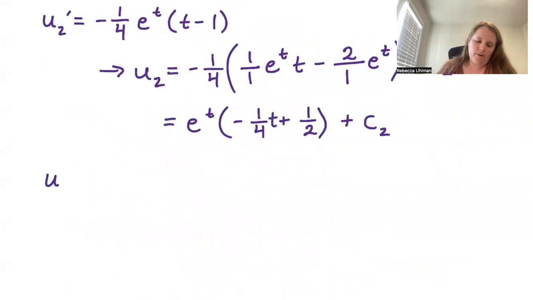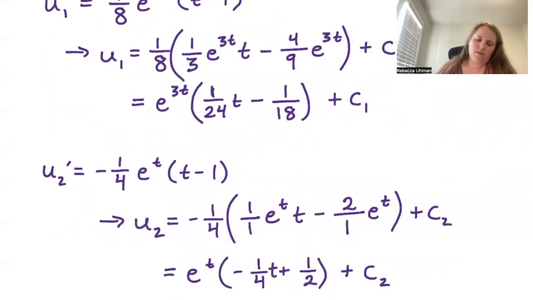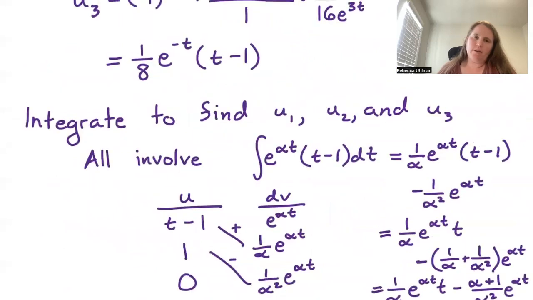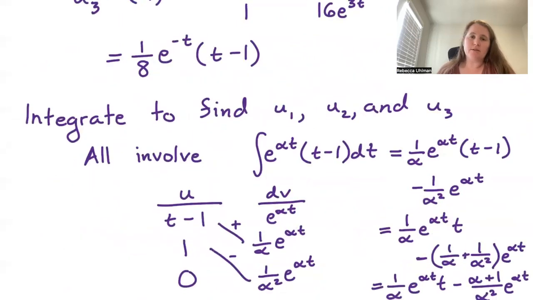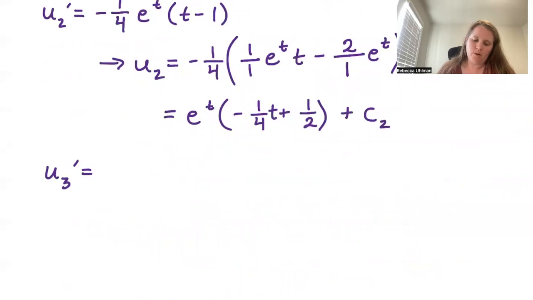For our u3 prime, this was equal to 1/8 e to the -t times t minus 1.